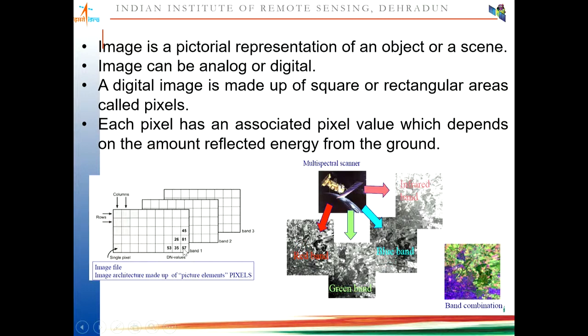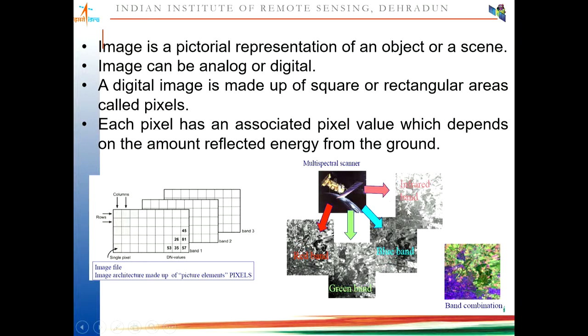This number corresponds to the amount of reflected energy or backscattered or emitted energy from that region on the ground in this specific wavelength range. Right? So 57 denotes the quantization level of energy that has been recorded by this pixel in band 1. Similarly, there would be values corresponding to the same pixel in other bands as well.